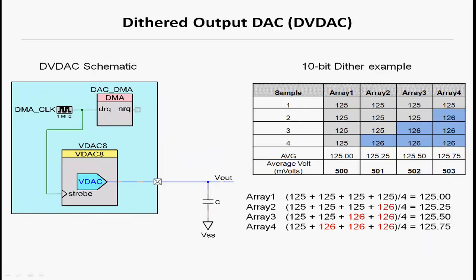The dithered output DAC, or DV DAC, method continuously writes 2 different but consecutive values to the DAC. A simple external filter averages these values to create the desired output. It is somewhat like using a PWM, but instead of dithering the entire power supply range, the output is dithered by a small amount, which is 1/256th of the entire DAC range.